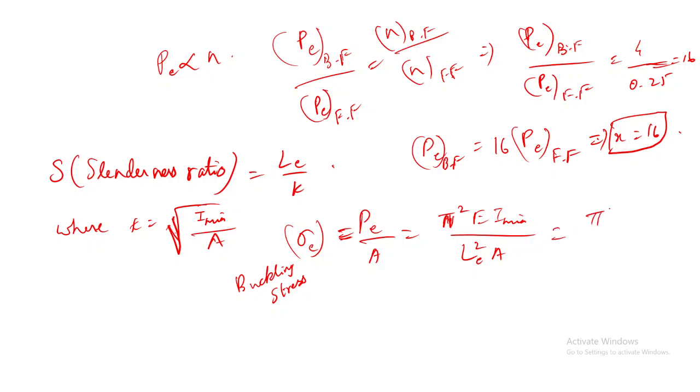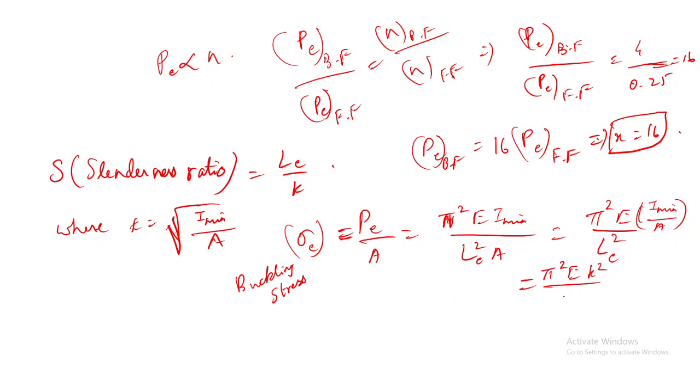So I'm rearranging these terms in such a way that I can write it in terms of the slenderness ratio. LE square I can keep in the denominator, and I min by A I can take in the numerator. So I can rewrite this as pi square E into I min by A, which is nothing but K square, where K is the radius of gyration.